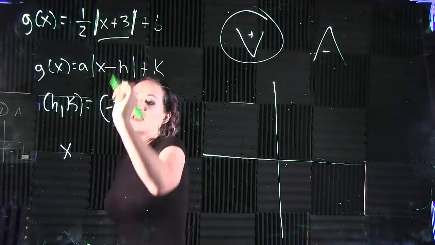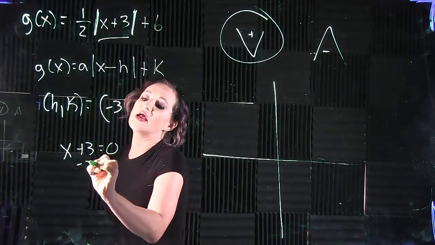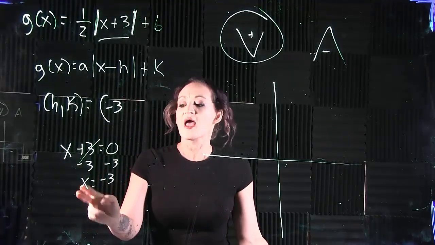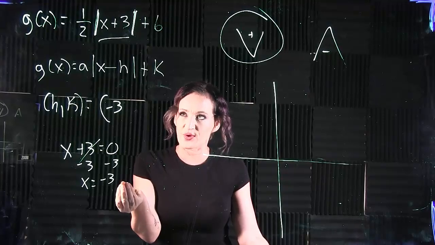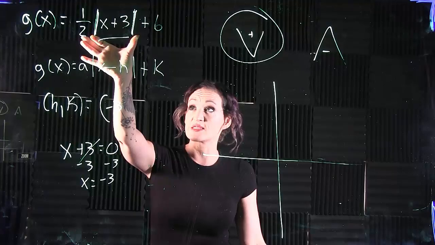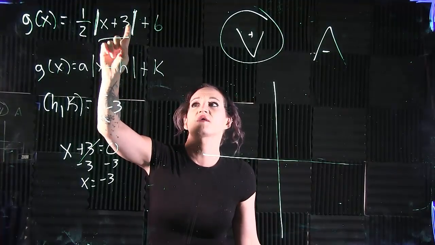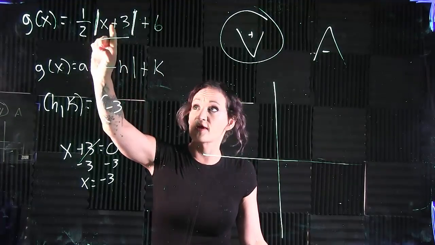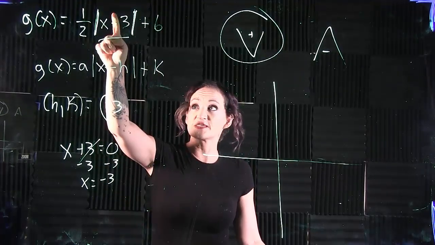We have an x plus 3 on the inside. If we were to set this equal to 0 and actually solve for x, x would be a negative 3. Or in your head, whatever number is on the inside of the absolute value bars, pull the opposite sign of what's in front. If this says plus, put a minus. If this says minus, put a plus.